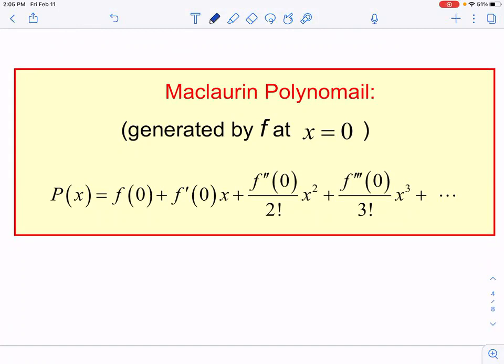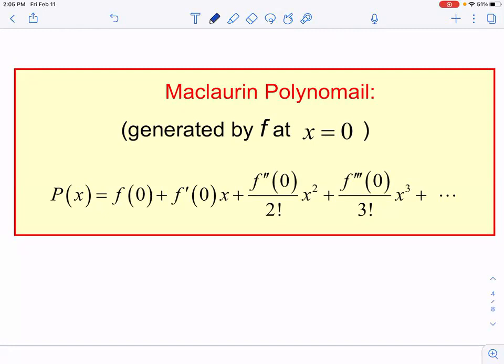Okay, do you remember? Well, back when you were learning your shapes, you have a rectangle and a square. Is a square a rectangle? Yes, it's just special. It's a special rectangle. A Maclaurin polynomial is like a square.